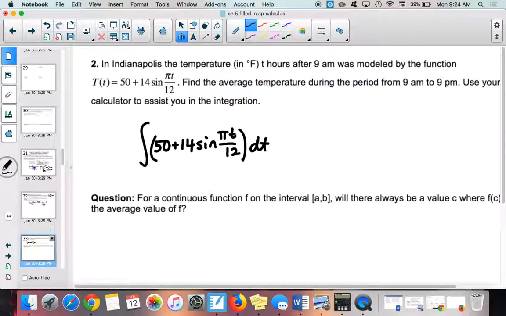And our variable is t in this case, so I'm going to write dt. And I'm going from 9 a.m. to 9 p.m. So would I do 9 to 9? No, right? That's going to give me 0 if I do 9 to 9. So I want to do 0 to 12 because it says t hours after 9 a.m. So this is at time 0 and this is at time 12.